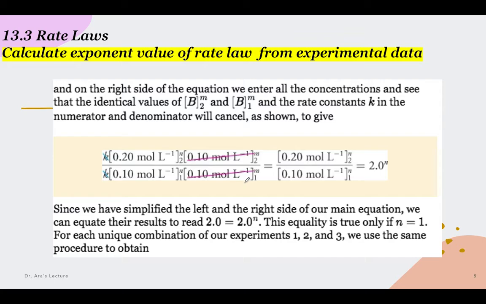See here, since we kept constant the concentration of B, we can nullify it. So what are we getting then? The m values are nullifying. The mole per liter is also nullifying. So what else do we have? We have 0.2 over 0.1, that means 2.0 with this exponent n. So that means we now have 2.0 power n.